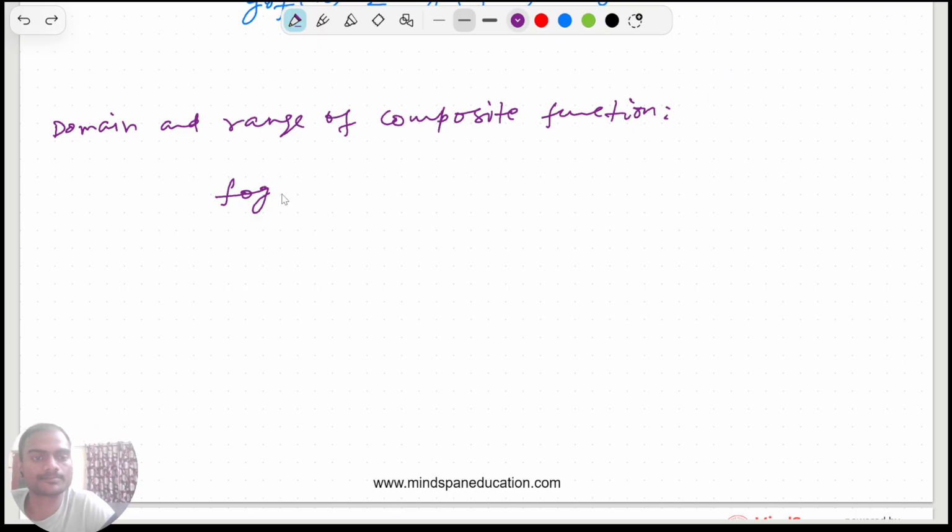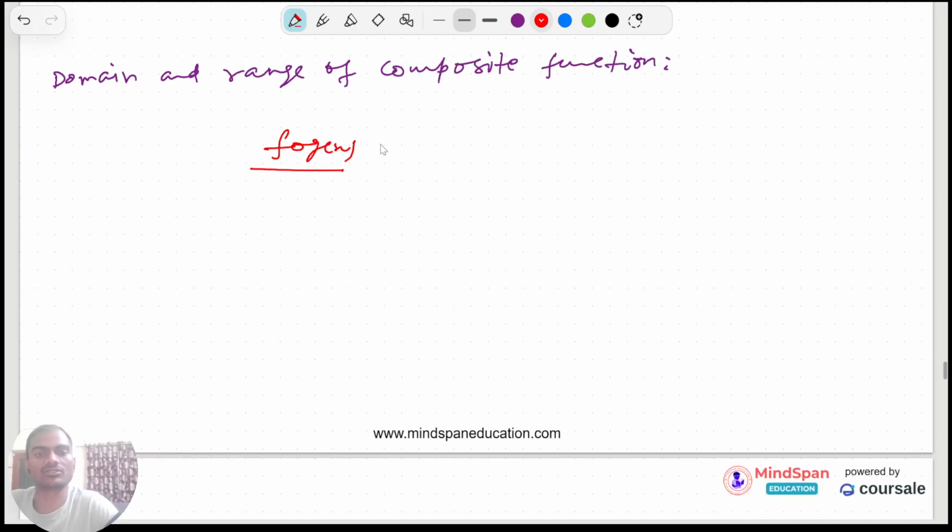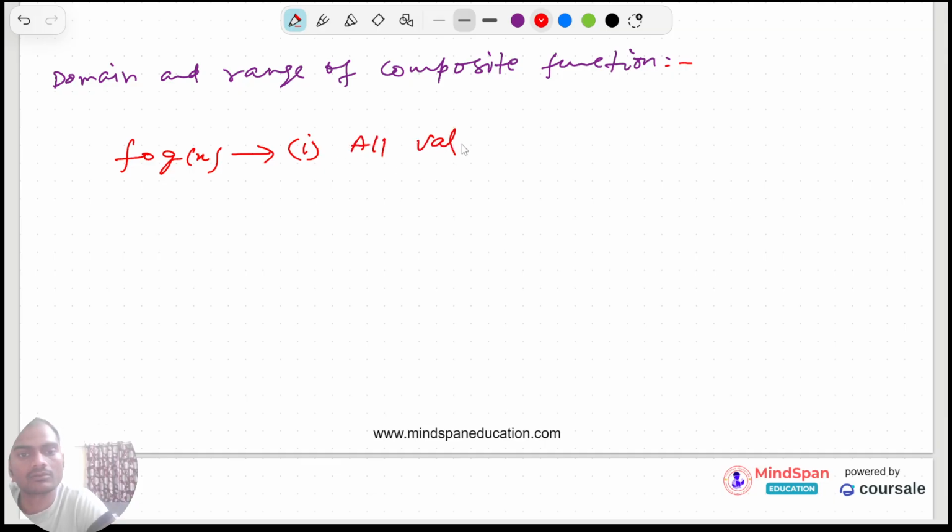Okay. Now, if the function is like this, f of g of x, then while checking the domain, what we need to keep in mind, for domain particularly, is that all values of x must be allowed.